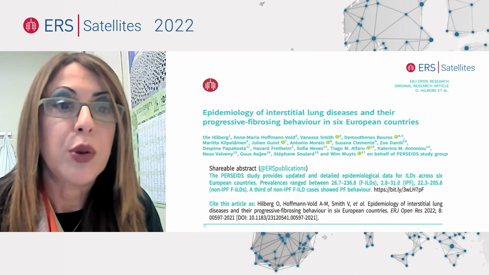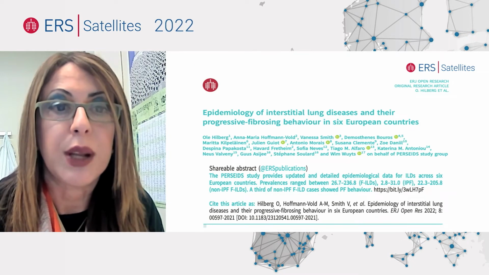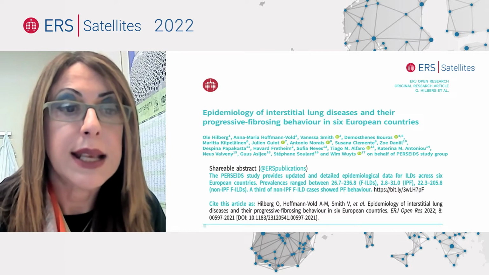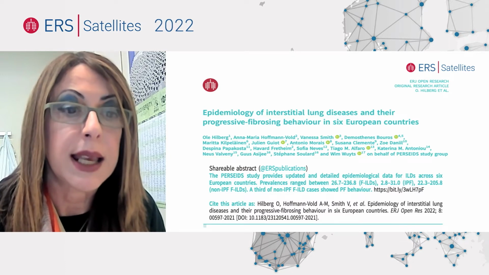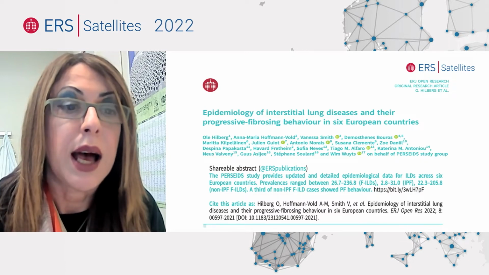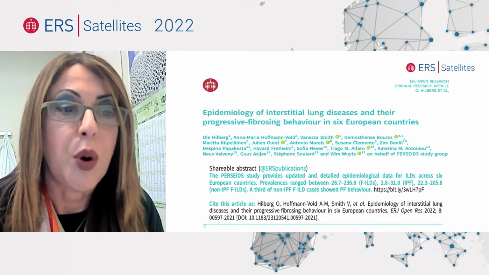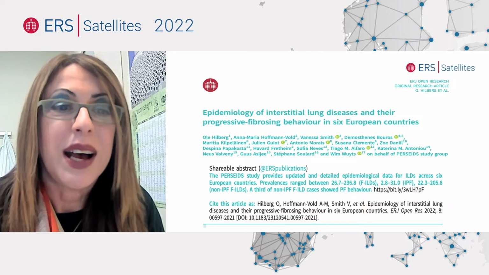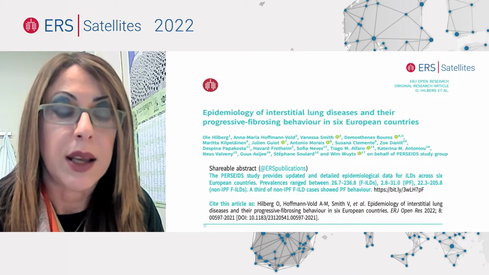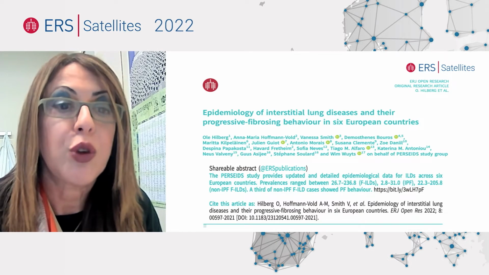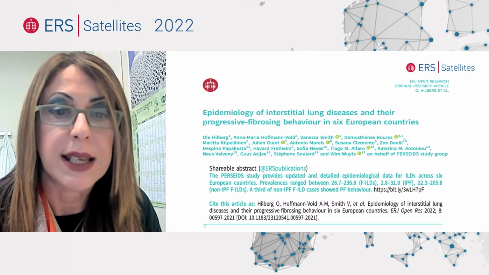But what do we know about the epidemiology of these progressive fibrotic diseases? We don't know a lot, and actually a recent study, in which Greece also participated, in 6 European countries, the PERSEIDS study, provided very recent data about incidence and prevalence, but also the rate of progression of these diseases.